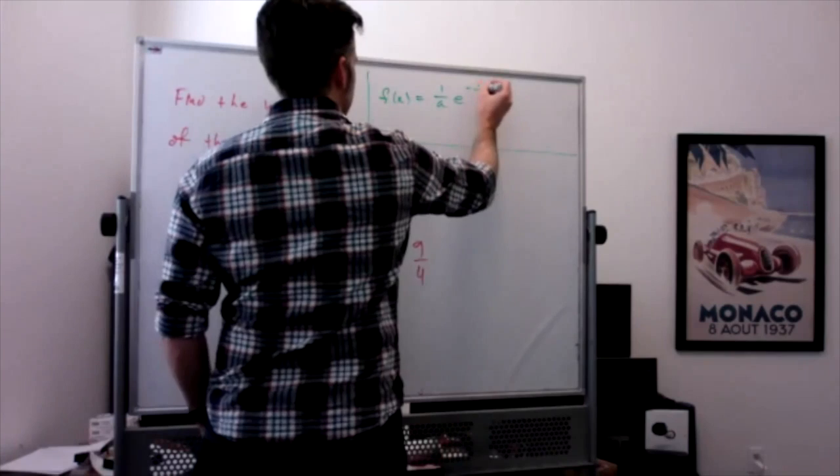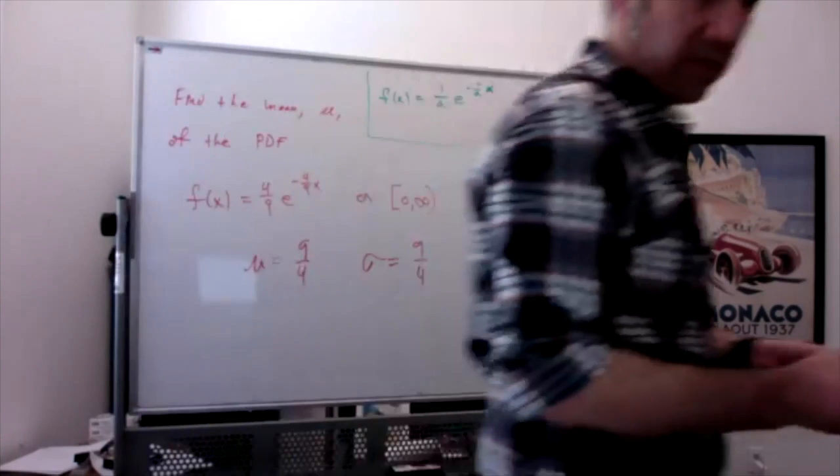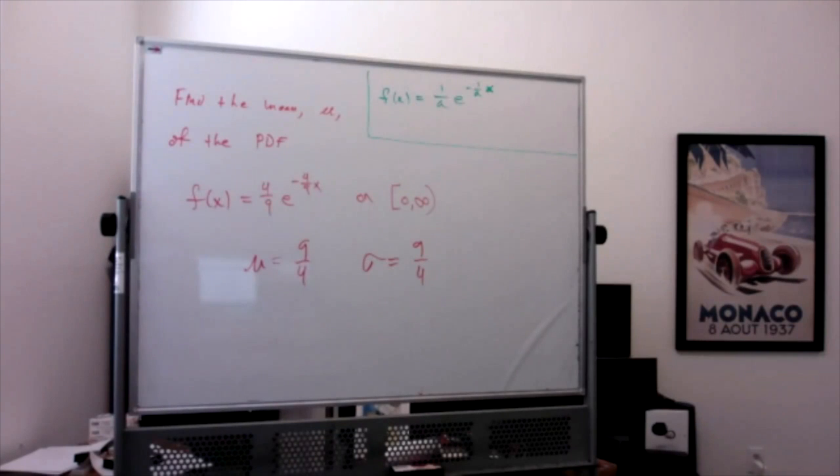I think that's how they write it in the book. No, I'm not sure. Let me double check just to make sure I'm following the book format, so it's not confusing to you guys. No, they don't write it that way in the book.